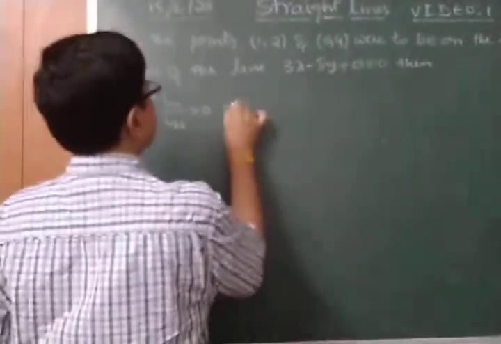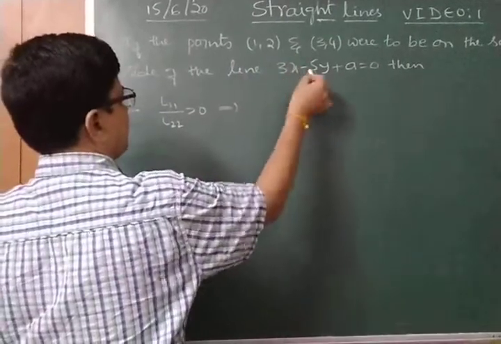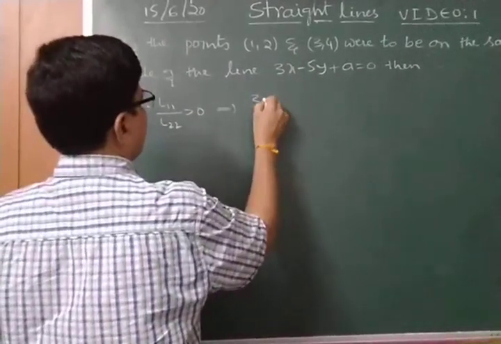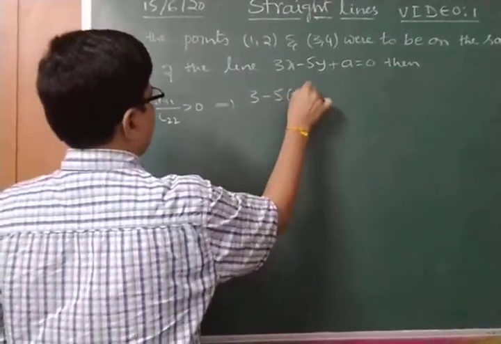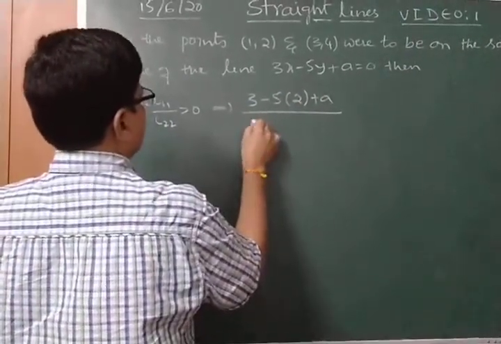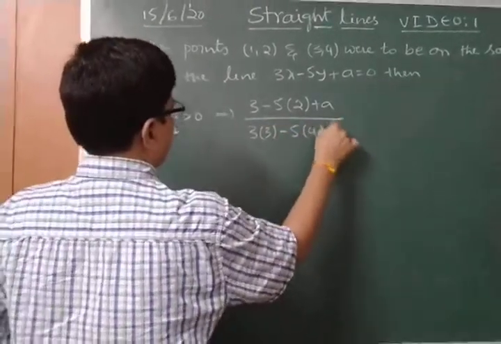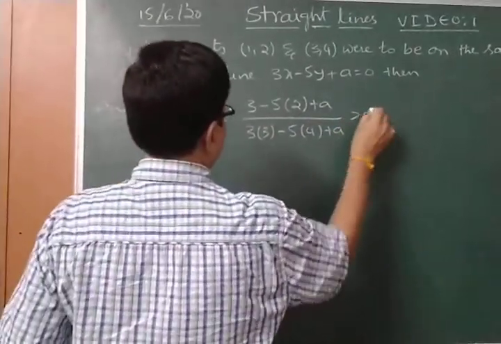Then we say that the 2 points lie on the same side. That implies, substituting the points in the given line, L11 is 3 minus 5 into 2 plus a, by 3 into 3 minus 5 into 4 plus a, is greater than 0.